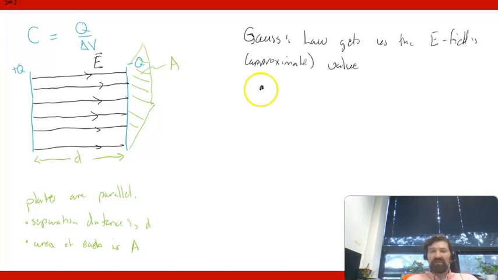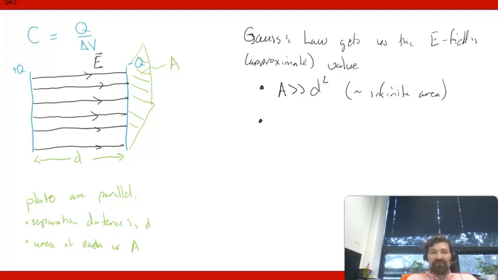Basically we're going to treat each plate as having a very large area compared to this distance d squared. So A is many, many times bigger than d squared. Basically this is near infinite area, or we can treat the plates as if they are infinite planes of charge.